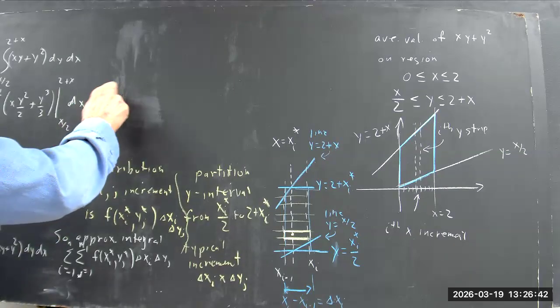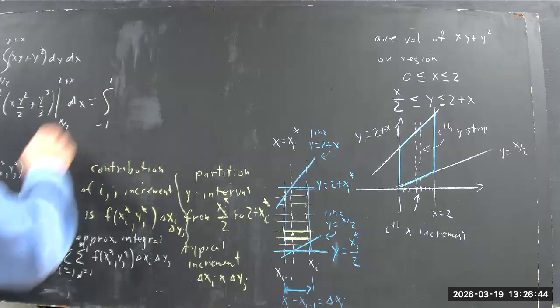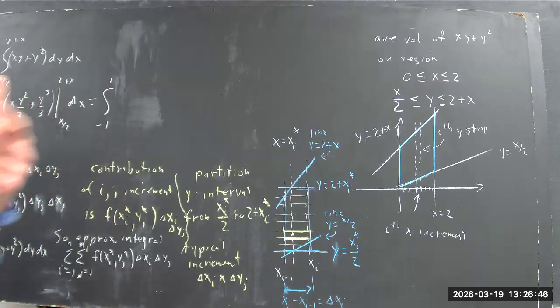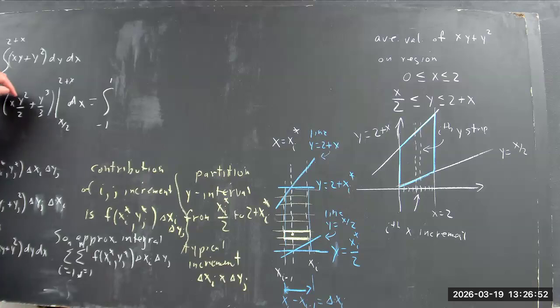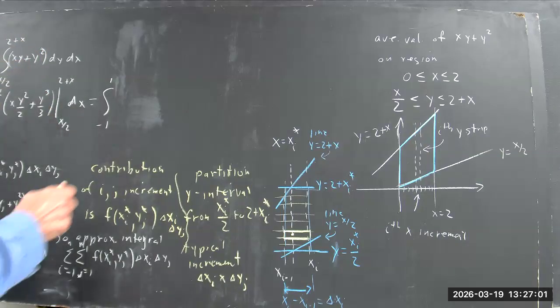That's going to equal the integral from -1 to 1. And I'm just going to write it out. I'm not going to simplify it and complete the integral because you can easily do that. Replacing y by 2 plus x, and then by x over 2. And what we get at 2 plus x minus what we get at x over 2.